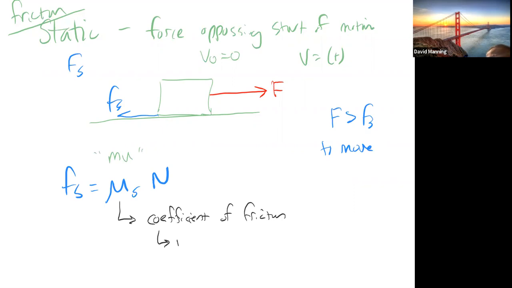The coefficient of friction is how rough or smooth a surface is. The higher mu, the more friction. Bigger mu equals bigger friction. So that's the first type of friction, static friction.